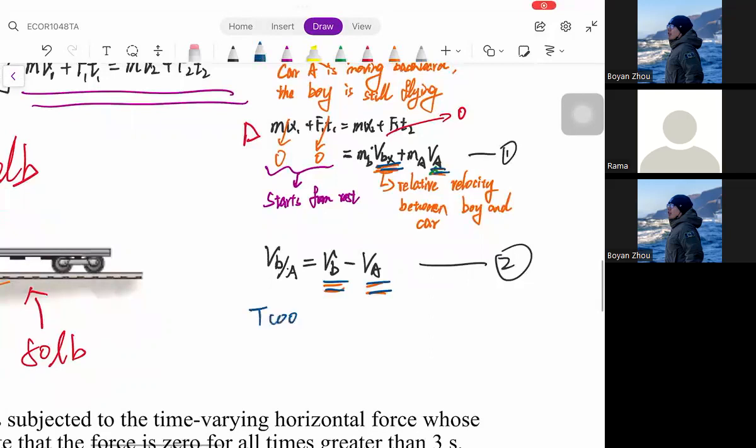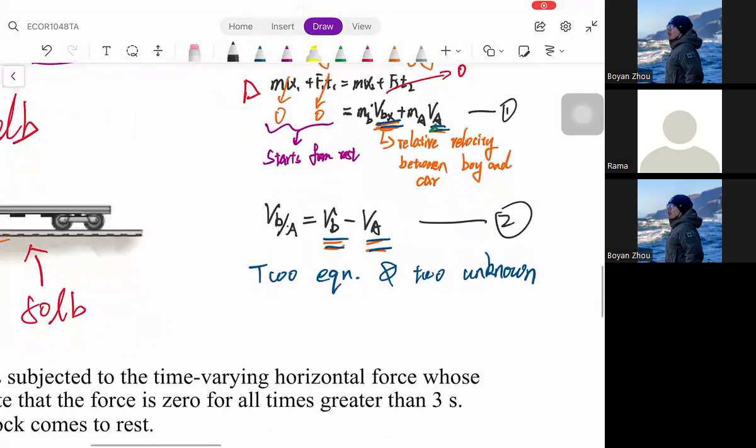So here are two equations and two unknowns. We can solve for VB and VA.